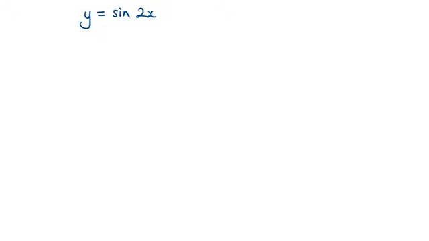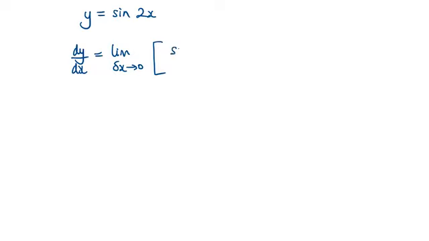Now, the first thing to do is obviously to set up the initial equation here. We've got y equals sin 2x, and we know that dy/dx is going to be equal to the limit as delta x tends to 0 of the following.